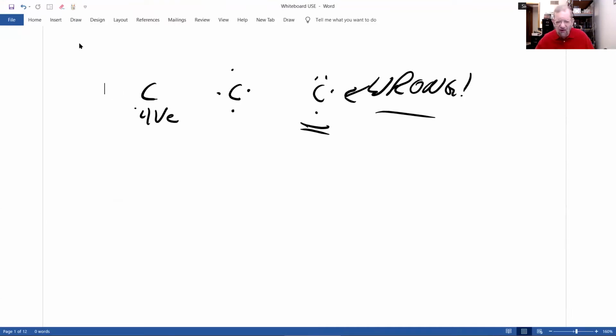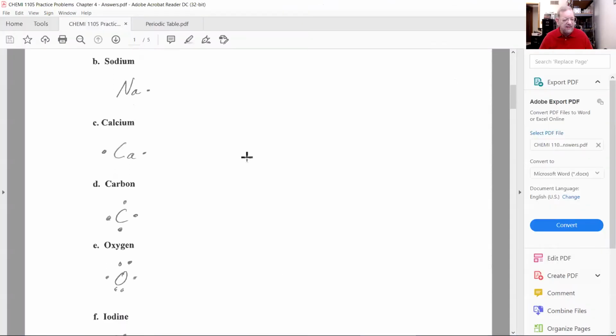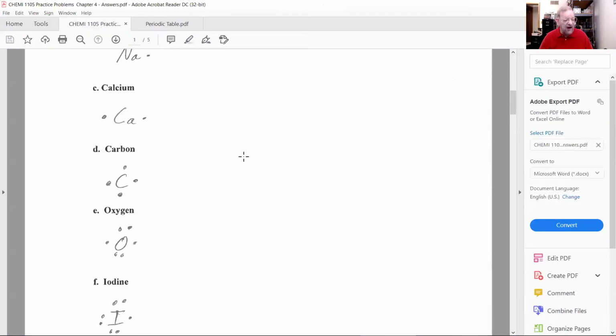Because you don't double up until each side has a valence electron. And then you start doubling up. And this is for the elements. For molecules, it's different. And if you notice, oxygen has 6 valence electrons, so I need 6 dots, 4 on each side, and 2 sides have 2. The way I have it written is the way organic chemists usually do it.